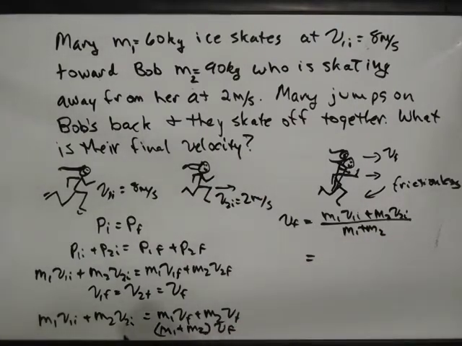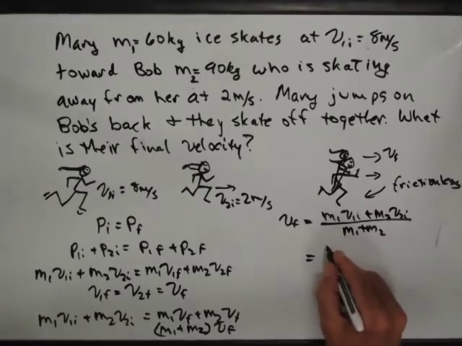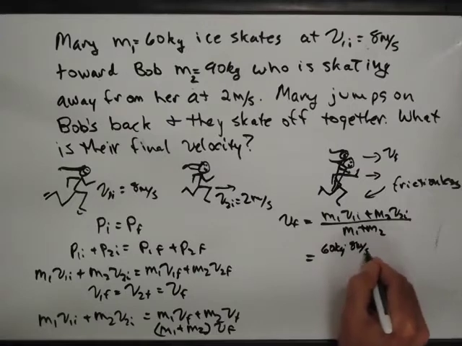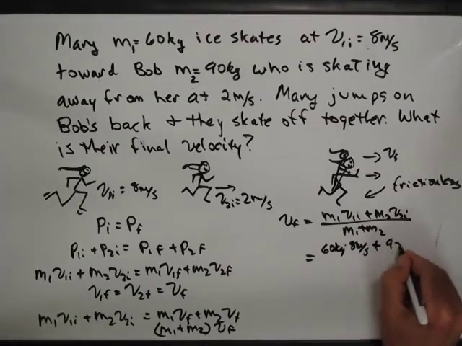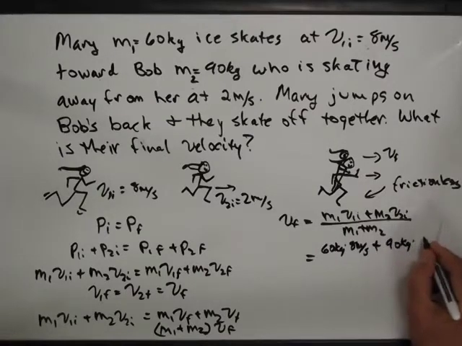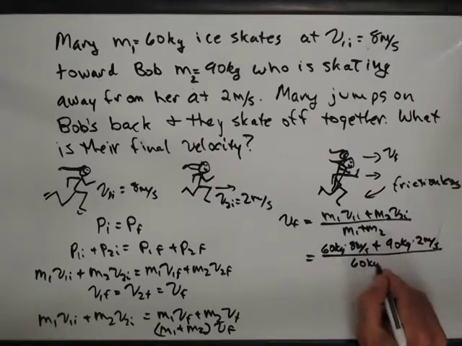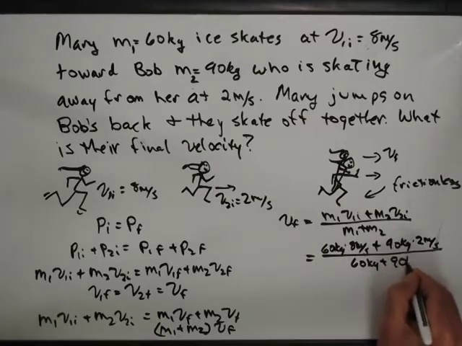I just divide out the M1 plus M2, and so this is 60 kilograms times 8 meters per second plus 90 kilograms times 2 meters per second, all over 60 kilograms plus 90 kilograms.